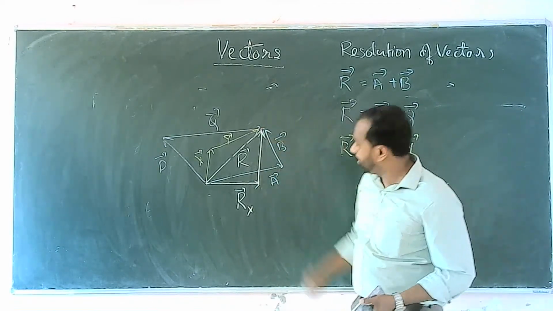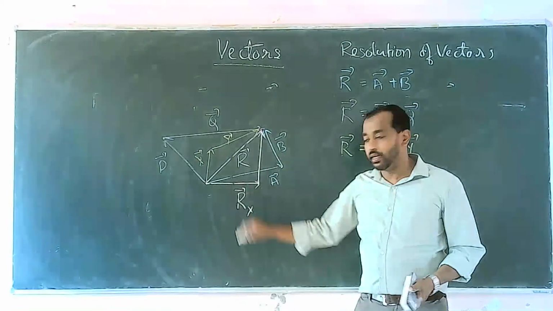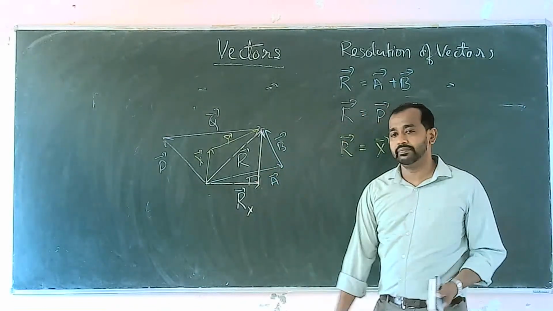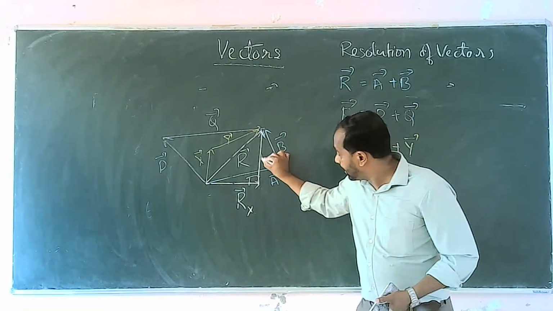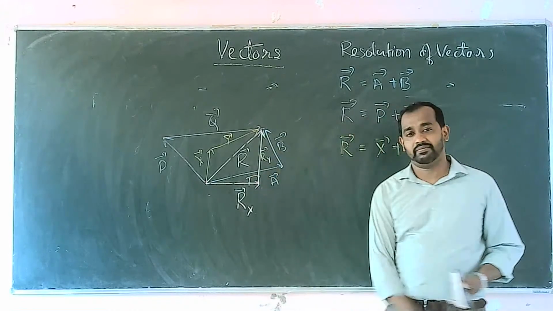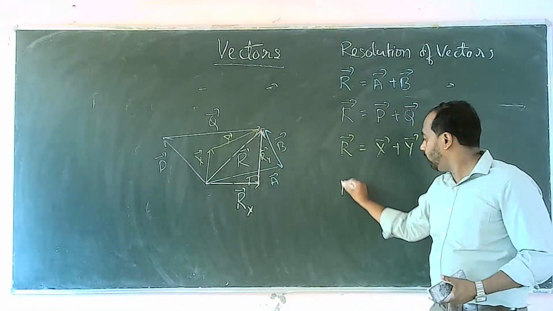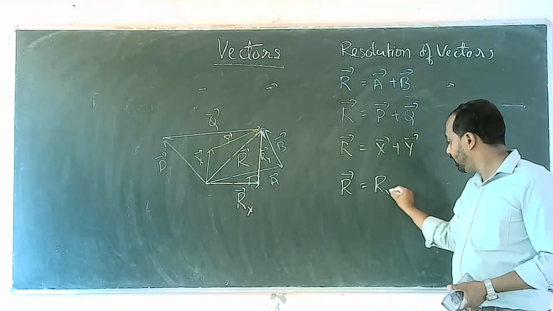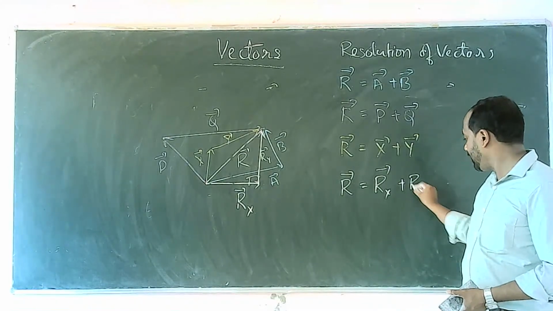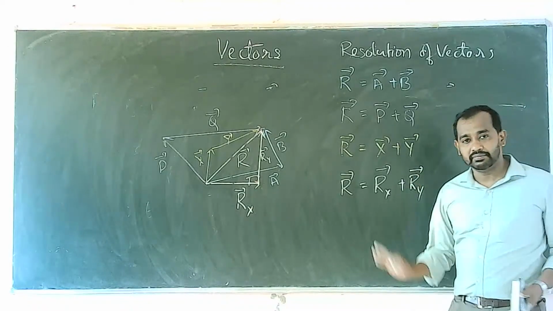Therefore, a straight line which is perpendicular to this. This angle is 90. This one is along the y-axis, so it will be represented as vector Ry. Now, vector R is represented as the sum of Rx and Ry.